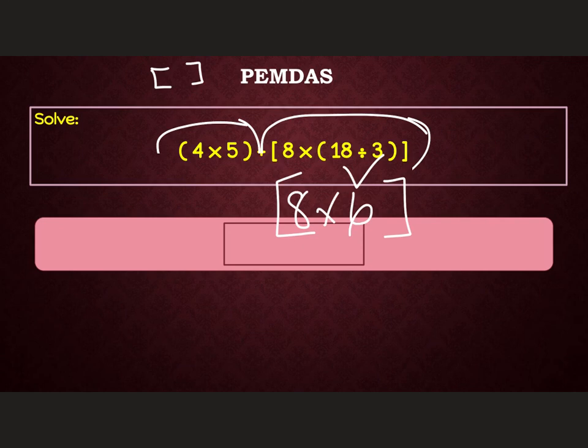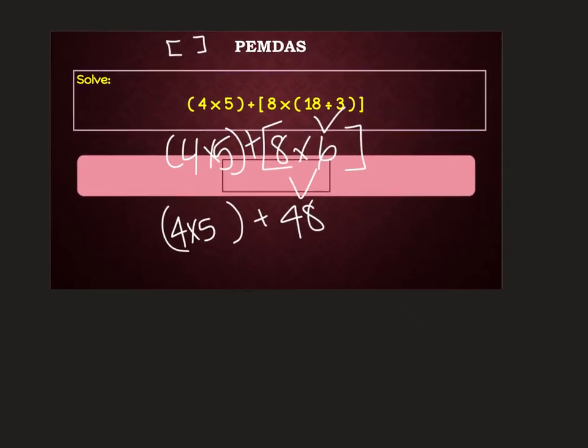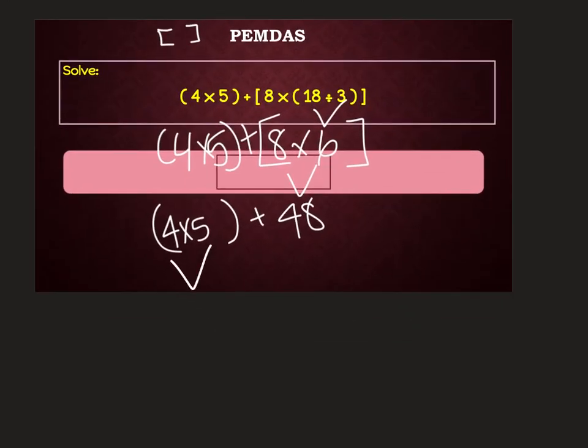I also have to bring down the 4 times 5 that's in parentheses, and I'm adding that to the rest of the brackets. Now, inside the brackets, all I have left is 8 times 6, which is 48. Then I'm going to bring down the addition and then the 4 times 5 that's in the parentheses. Okay, so now I can resolve the parentheses next, 4 times 5, which is 20.